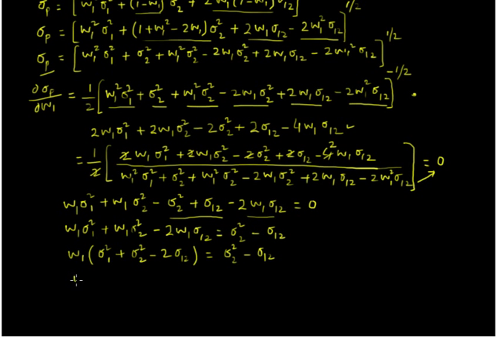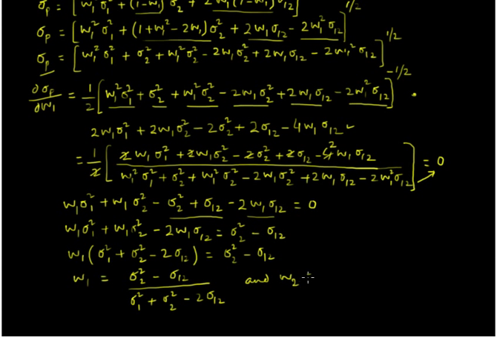Now we can write W1 pretty easily. W1 is equal to variance of 2 minus covariance between 1 and 2, all divided by this term here, which is variance of 1 plus variance of 2 minus 2 times covariance between 1 and 2.